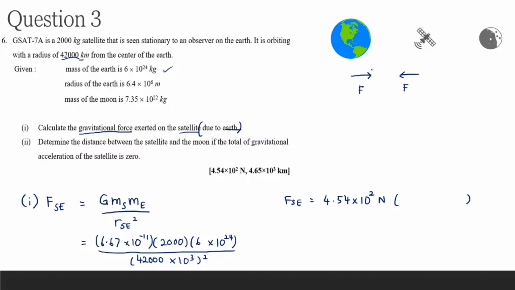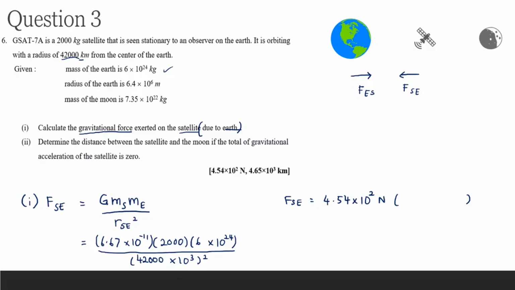Macam tu. So ini dan dia sama ya, sama menarik macam tu. Sebab gravitational force is an attractive force. So satellite akan tarik Earth, Earth akan tarik satellite. Dan ini ialah application of Newton's third law. Mereka punya magnitude sama. Okay, remember Newton's third law? Back in chapter 4 kita belajar Newton's third law.